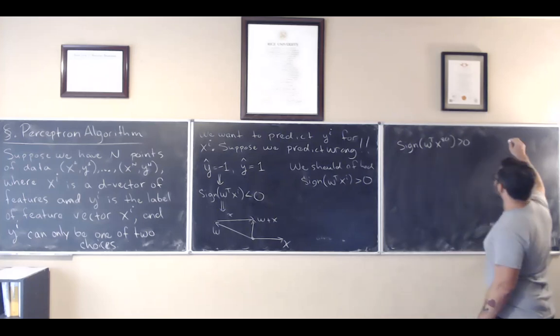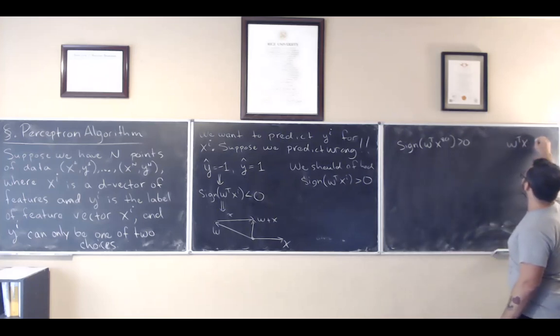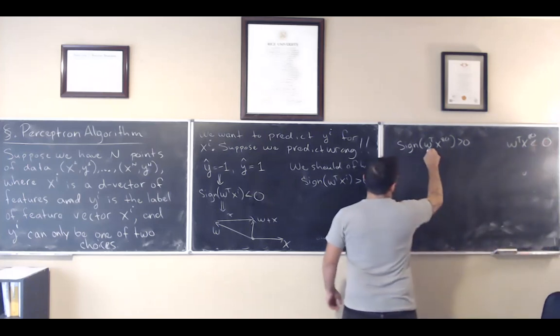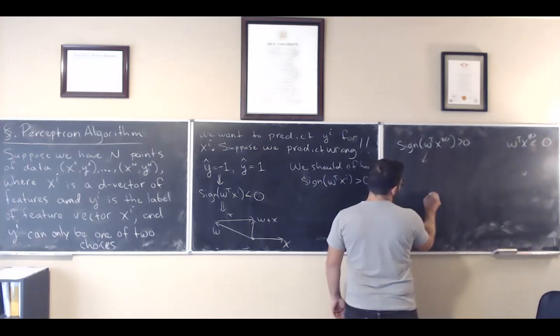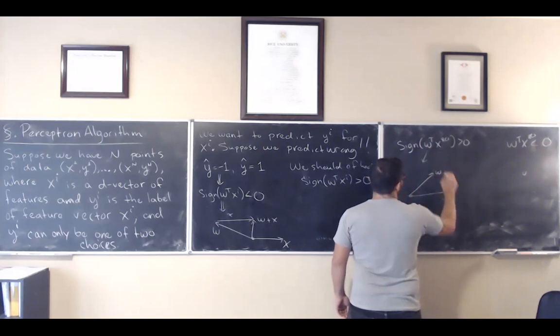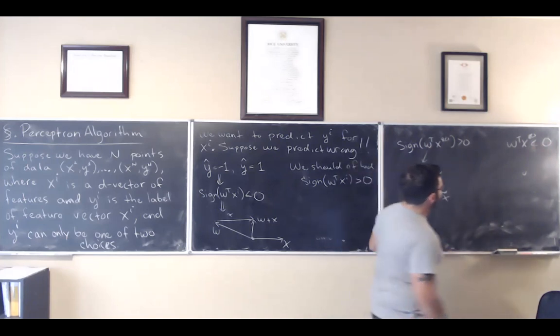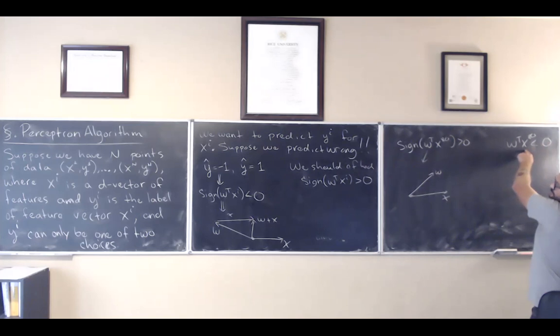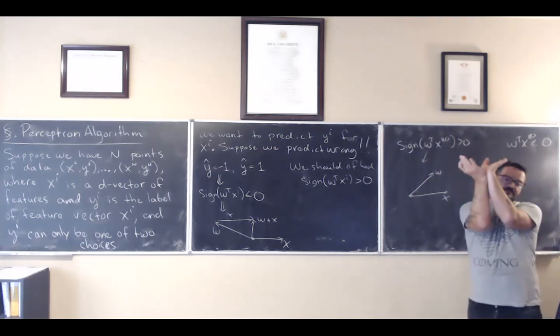We want that to be less than 0. So what does it mean if it's positive? It means that the angle between these two vectors, so if this is like x, this is w, it should be negative, which means the angle between the two vectors needs to be greater than 90.